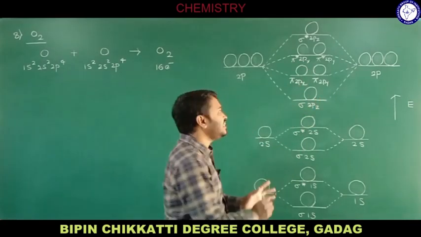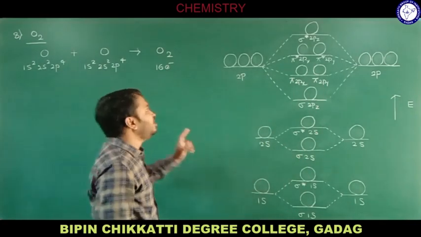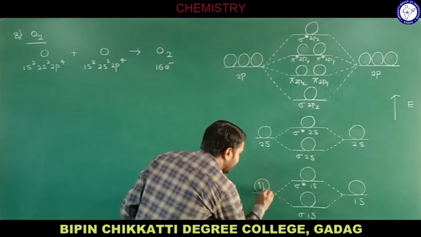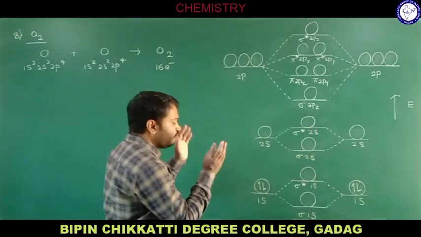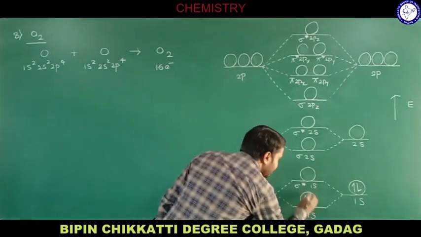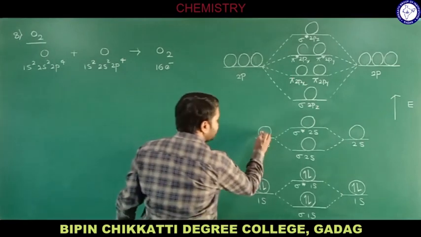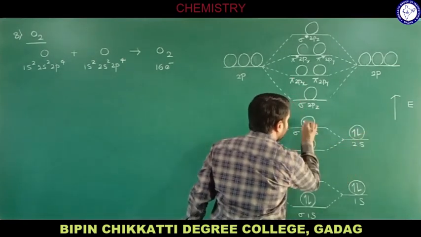Whereas in case of oxygen you need to interchange these, so I interchanged here. So now we'll distribute the 16 electrons. 1s2, 2 electrons we have. Directly I write 2 electrons in the atomic orbitals. 4 electrons have to be distributed, so 2 electrons and 2 electrons. In 2s also we have 2 electrons, therefore 2 I represent here and 2 I represent here. 4 electrons I distribute here.